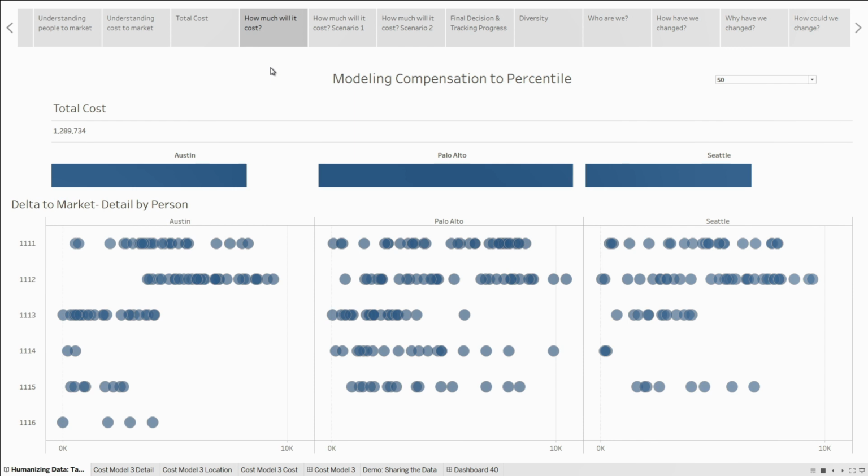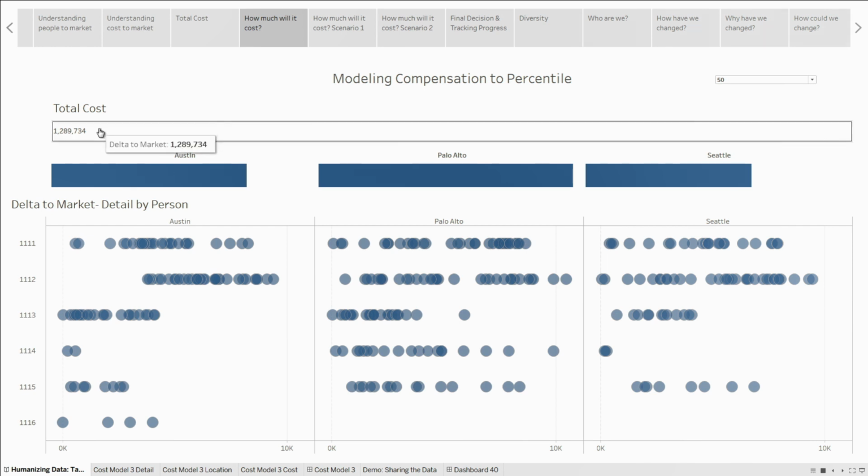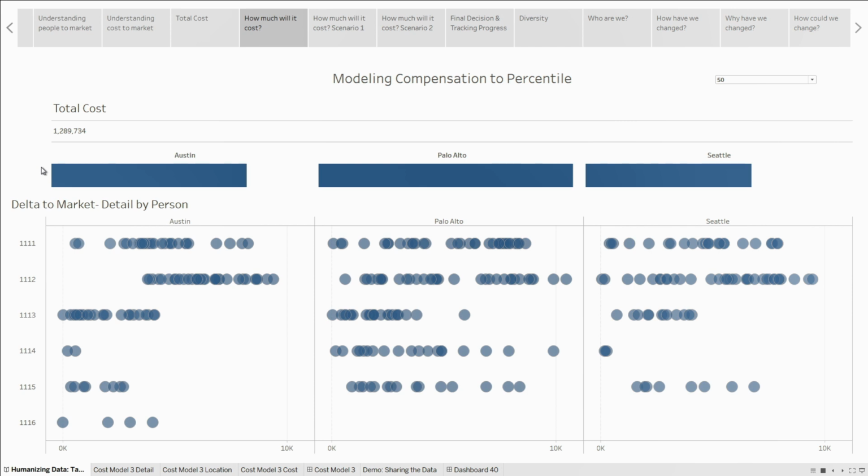So in this view, right now I have that parameter set to the 50th percentile, and that total cost, once again, is $1.3 million. You can see here how the cost is going to be spread across those 3 locations, so Austin, Palo Alto, and Seattle, and then by job below, who are those individuals? So in job 1, this one person at the very far left here is going to get an increase of $561, compared to the person who's furthest out of line with market would get an increase of $8,200. So you can see here how that spread is.